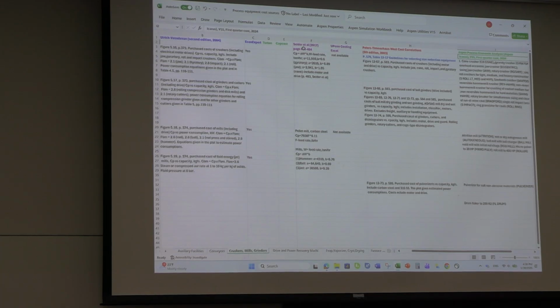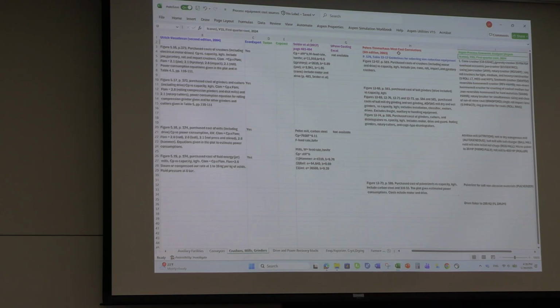Seider, in the book, they have a couple of cost correlations, but they did not include that in the UPenn costing Excel. Graphical correlation: Peters Timmerhaus West.